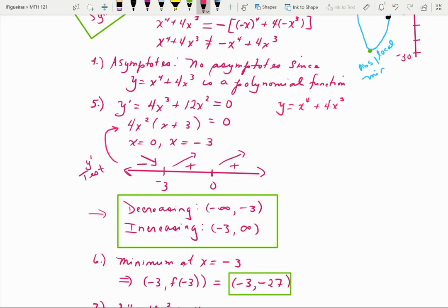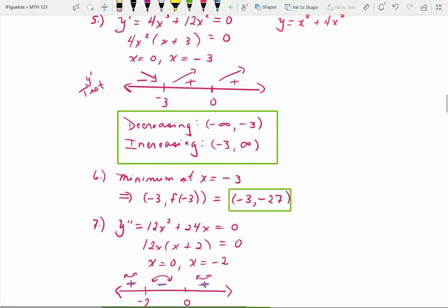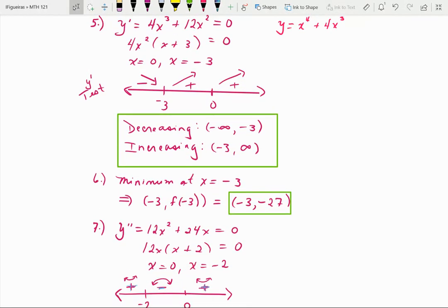But that doesn't mean that 0 won't be important. So we'll see what happens when we move on to the second derivative in a minute or two. So -3 is a critical point that represents a minimum value.